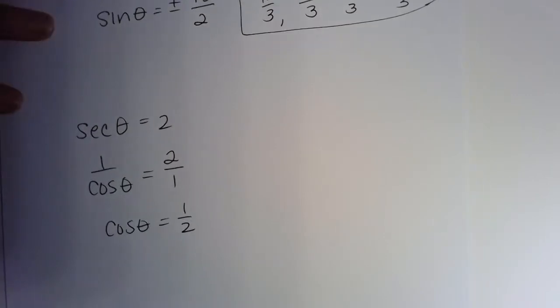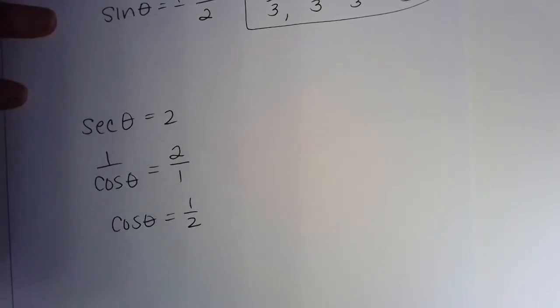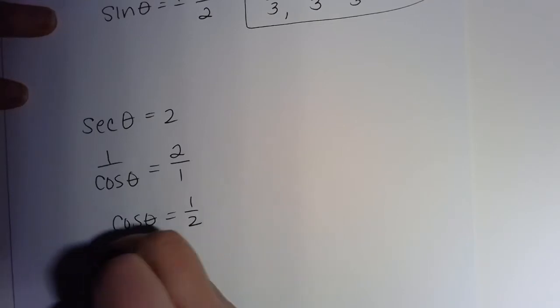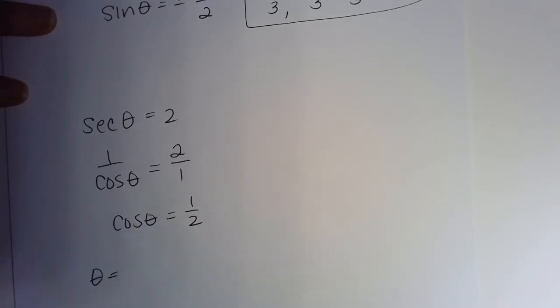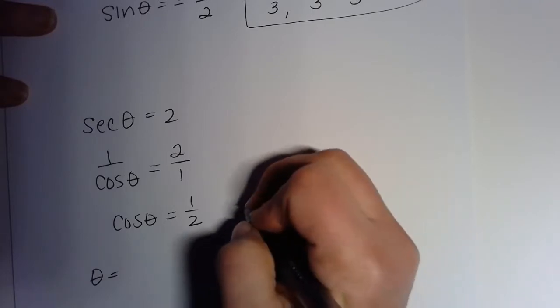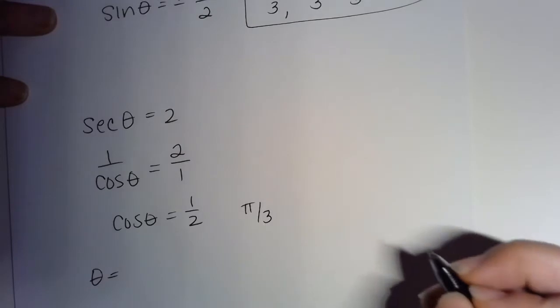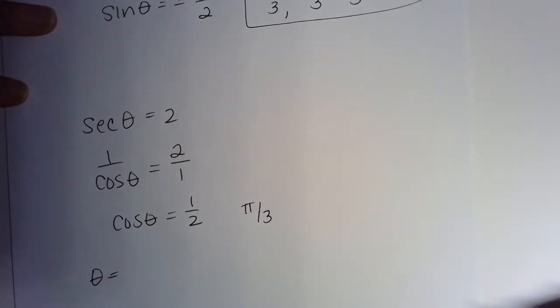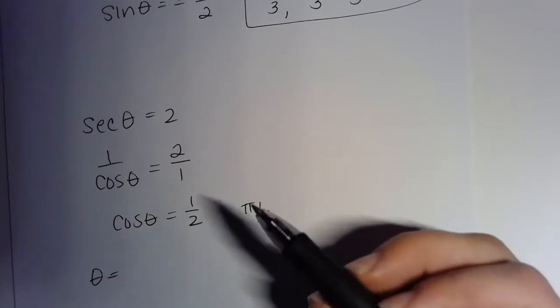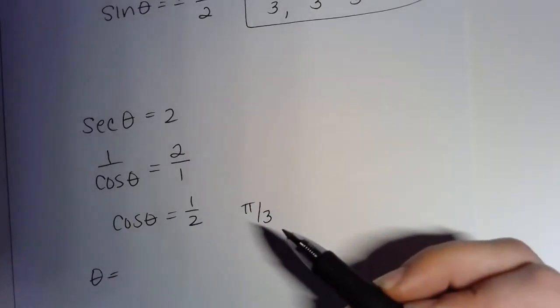Now this is something I can deal with because I do know that cosine of theta is a half. That's some exact trig values that I know. So theta will be then, let's see, cosine of theta is a half at multiples of pi over 3. For some reason I always remember that sine of theta is a half, so I know that cosine of theta is a half must be the pi over 3 version.